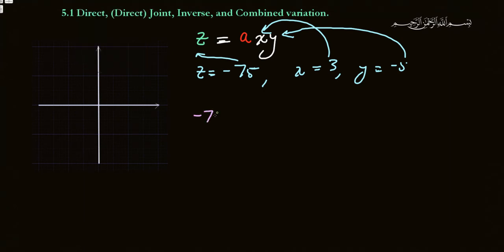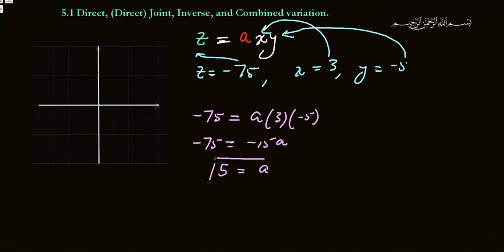You can say negative 75 is equal to a times 3 times negative 5, and you can solve this for a. So negative 75 is equal to negative 15 times a, and then you divide both sides by negative 15, and you get a to be 5, right?